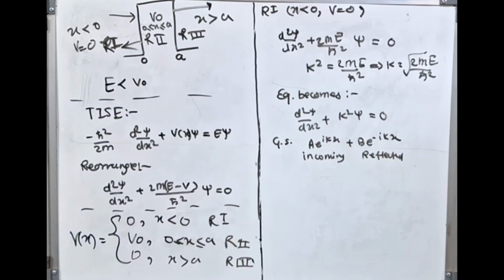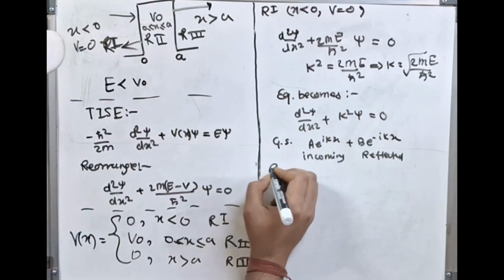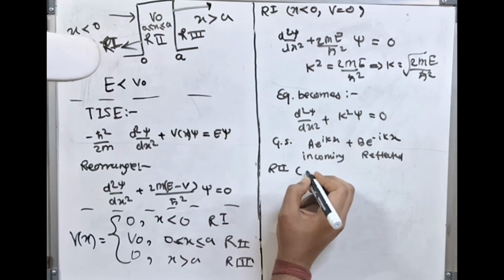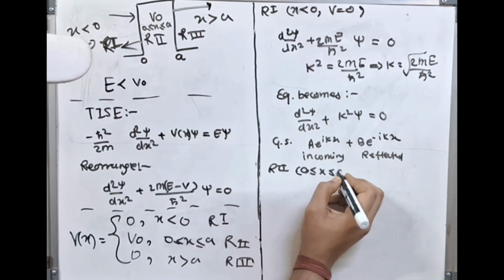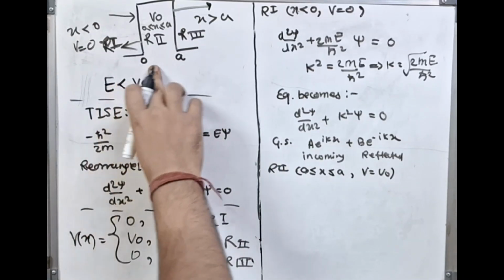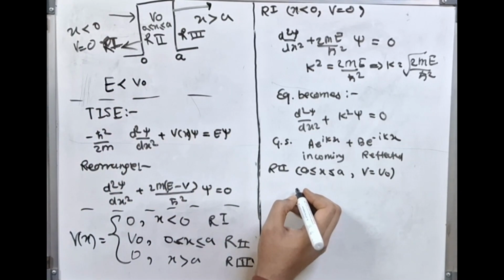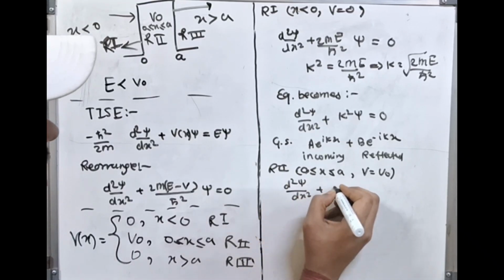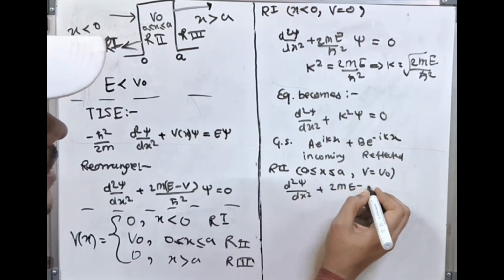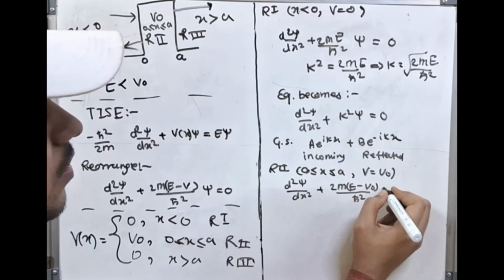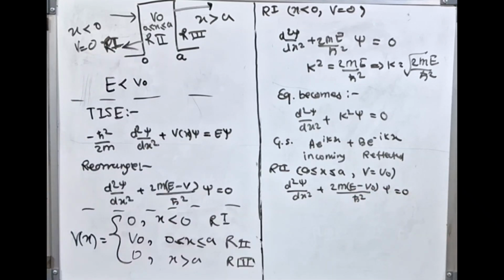We move to our region 2, R2, which is 0 less than or equal to x less than or equal to a, and my V becomes V naught here because of the potential region. Of course we are again going to use Schrödinger's equation, d square psi by dx square plus 2m(E minus V naught) upon h cut square psi is equal to 0, because we have the value of V here, which is V naught.